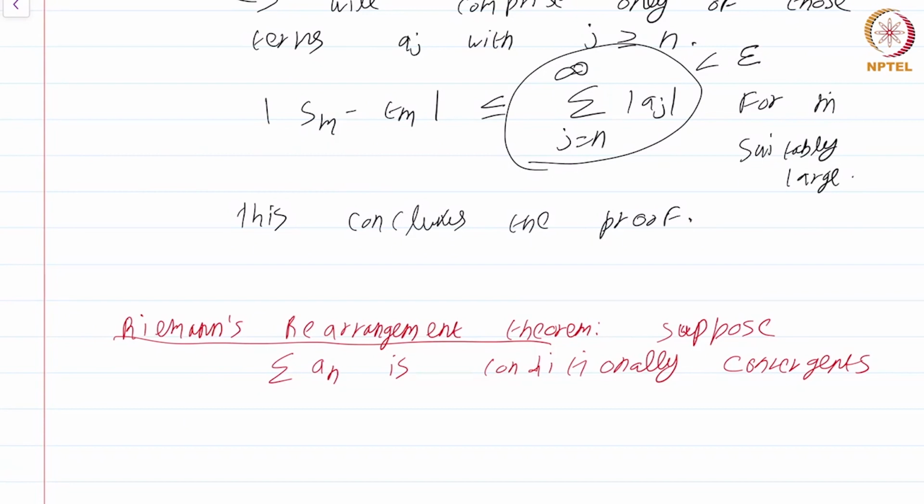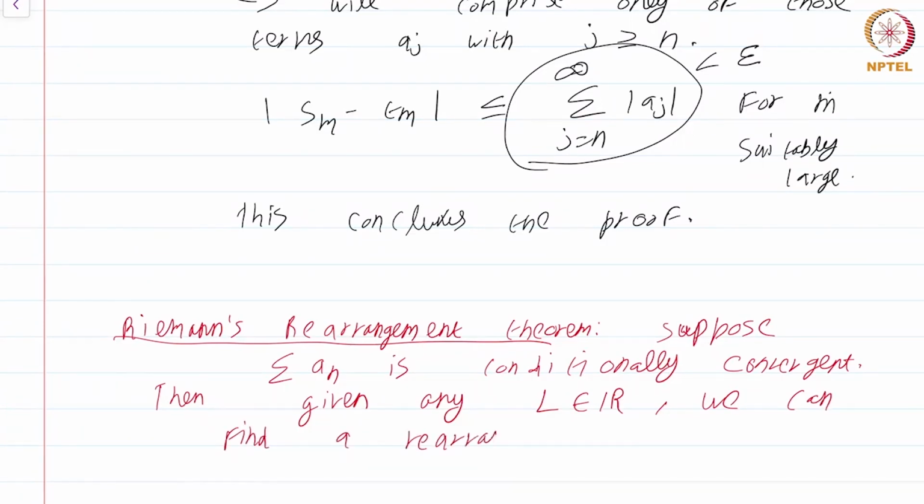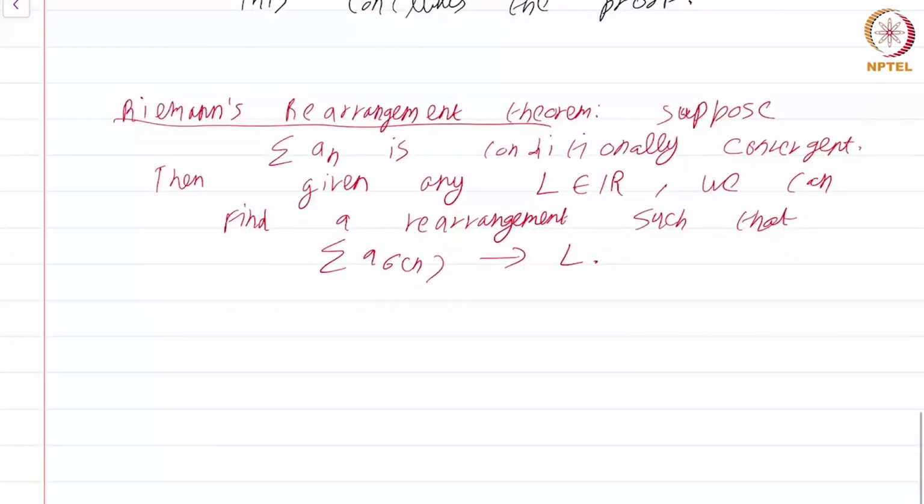Conditionally convergent. Then given any L in R, we can find a rearrangement such that summation a sigma n converges to L. How's that?